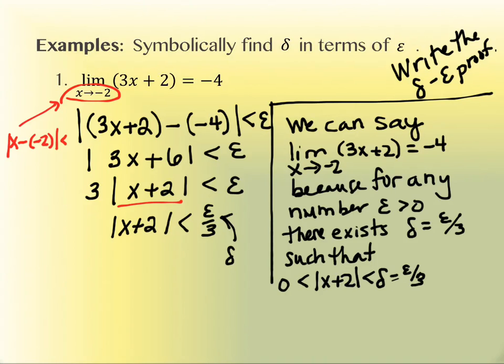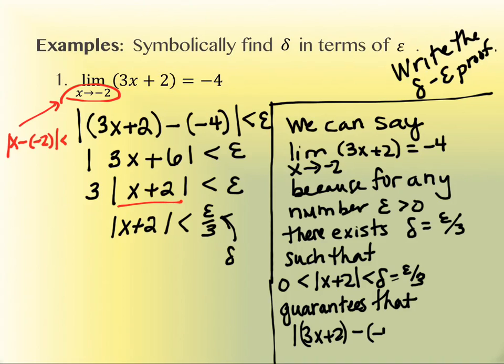I don't know why I want to make it over 4, but I do. Epsilon over 3 guarantees that the absolute value of 3x plus 2 minus negative 4 is less than epsilon.